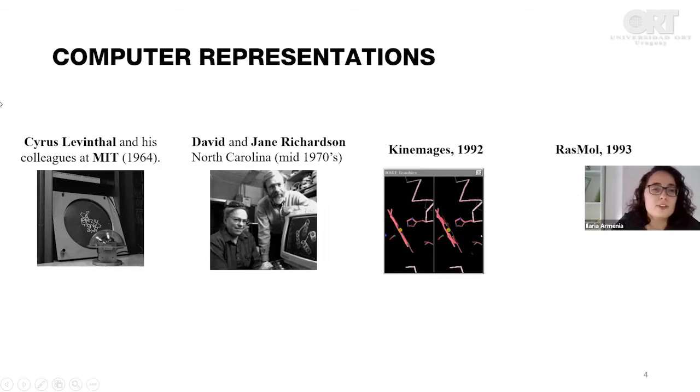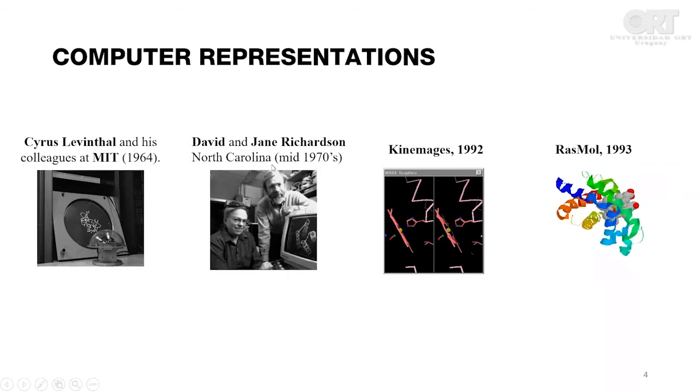So this is the first computational image of a protein. And then, starting from that, David and Jane Richardson developed the first computer program at the University of North Carolina, and then they developed the first molecular viewer, as we know it, that is MAGE. And this is actually the first program.